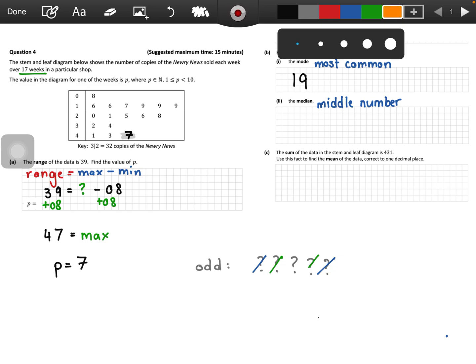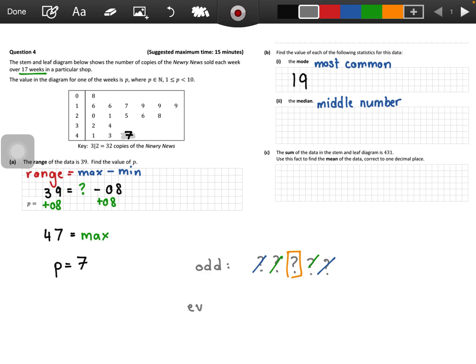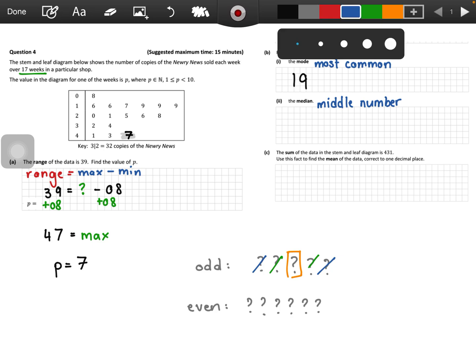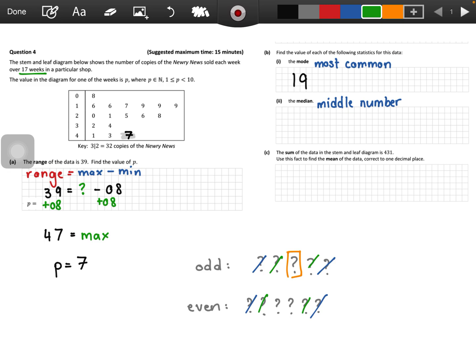Whereas if it was an even amount of data, let's say 6 things, 1, 2, 3, 4, 5, 6, then when I cross off first and last, I'm left with 2 things in the middle and I need to get the mean of these.